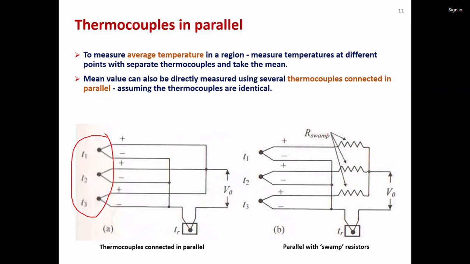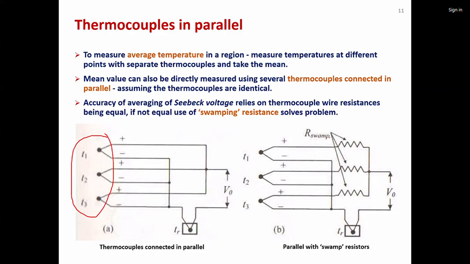The swamp resistor is introduced to make sure that for each one of these junctions, the length from the voltmeter to the junction on the positive side and that on the negative side are equal. If that is done, then you can rely on this circuit because it will have equal resistance on both the limbs, which is required for accurate temperature measurement.